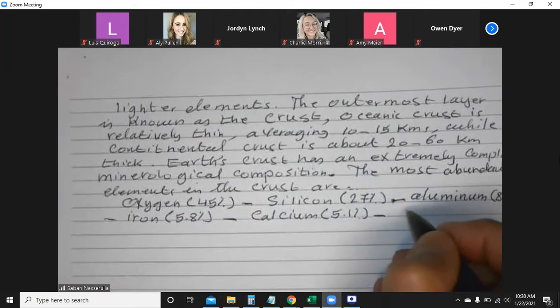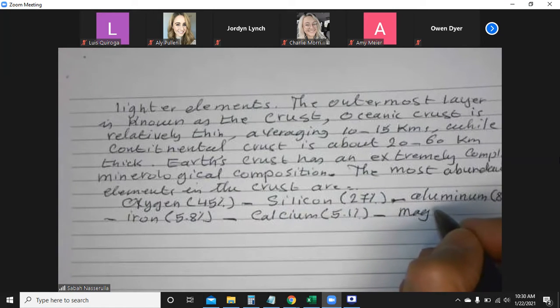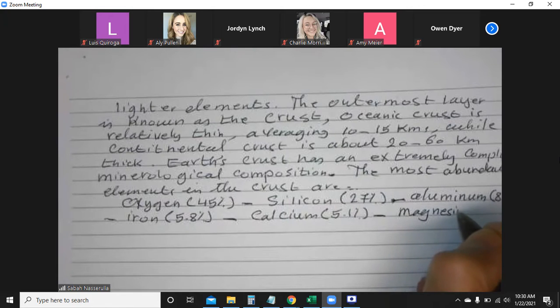Then we have magnesium, which is about 2.8%.